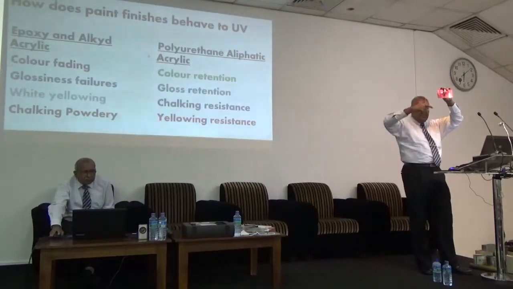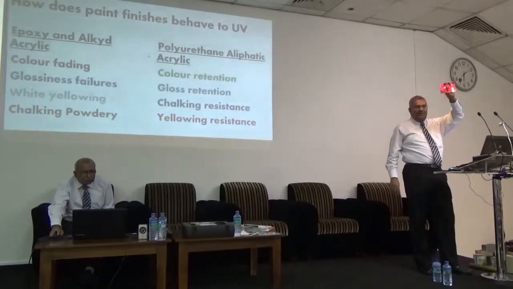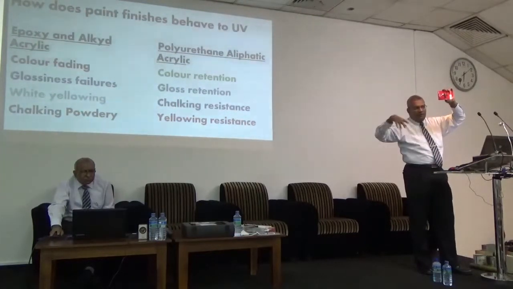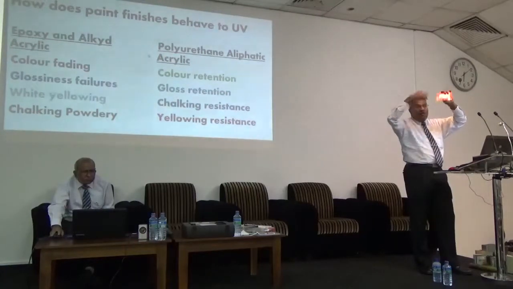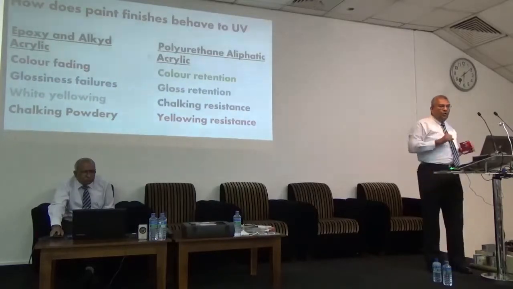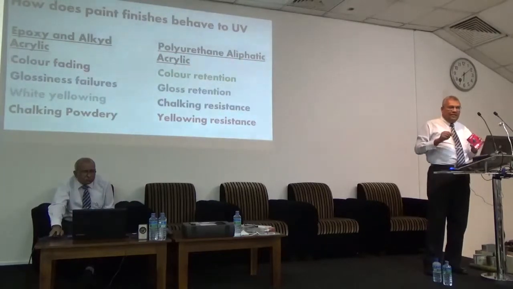So the trick is you have to reflect the UV to give the protection. Because if the UV goes in, then pigments will come off, white color. So you have to reflect the UV. So to reflect the UV, acrylic polyurethane, they put into the binder some plastic type of a hardener.